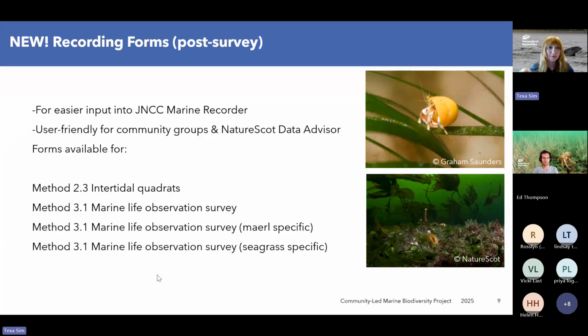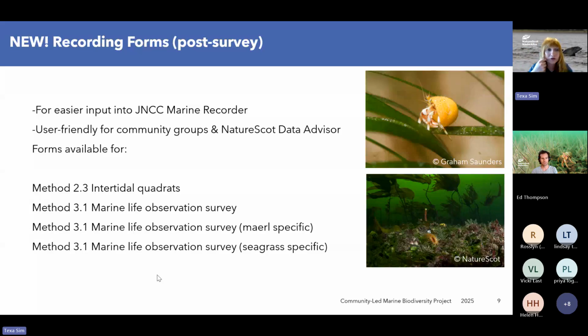These recording forms are now designed so that it's easier for you to input your data, and it's easier for us to then input that to JNCC Marine Recorder. That is really going to be useful for the speediness of data moving through the system, and hopefully is going to make this a lot easier for everyone.